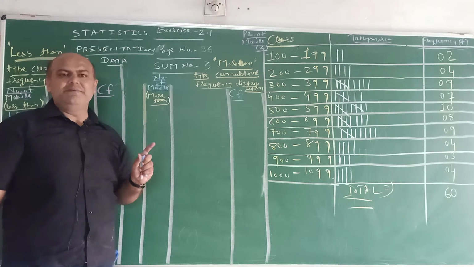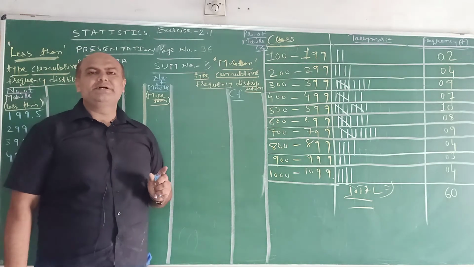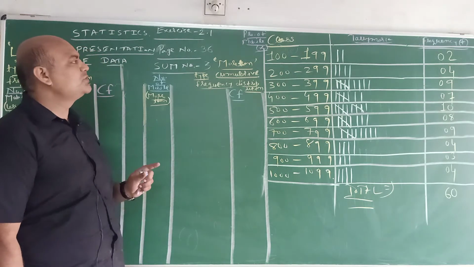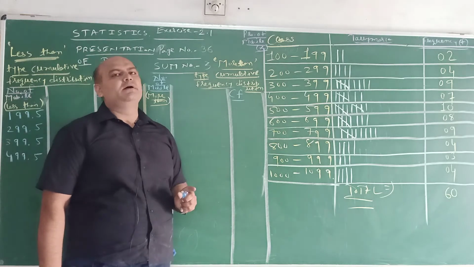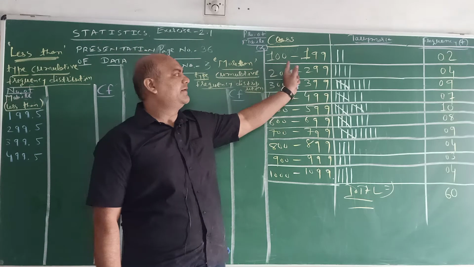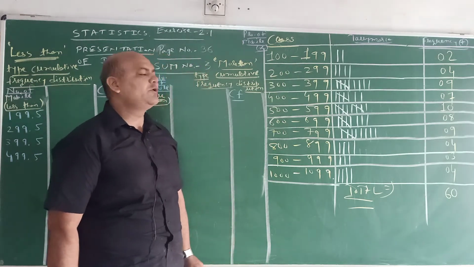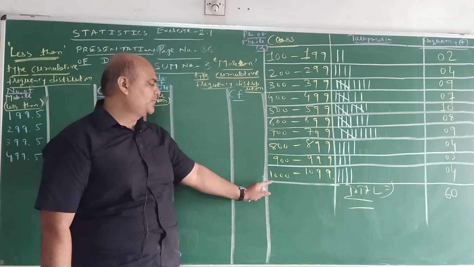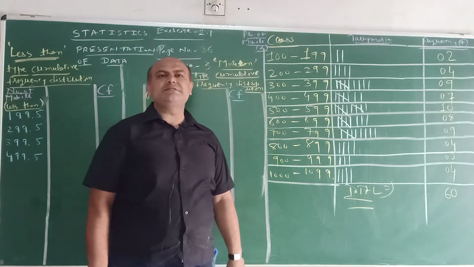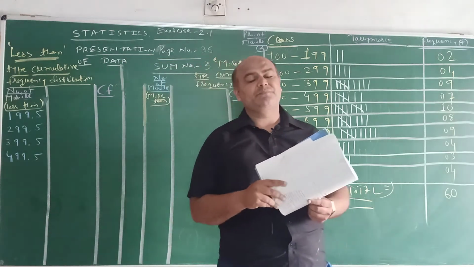We found the minimum, maximum, range, and prepared the inclusive type of continuous frequency distribution like this: 100 to 199, 200 to 299, up to 1000 to 1099. The continuous frequency distribution is ready with us with 60 frequency.